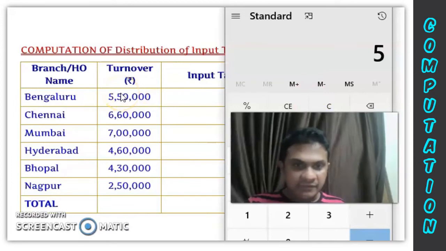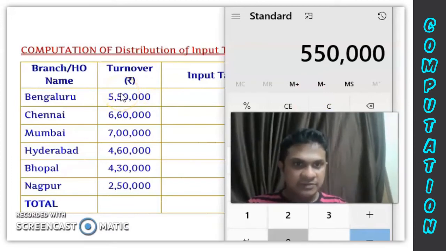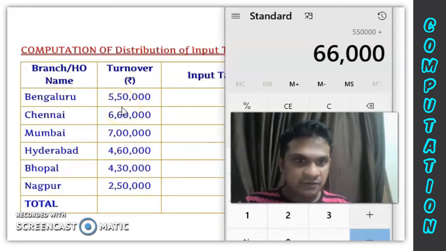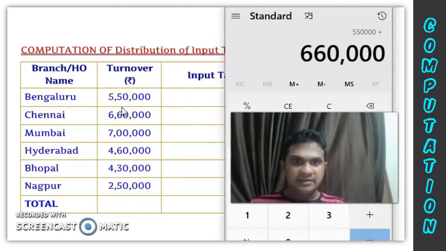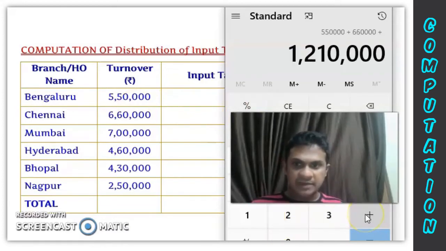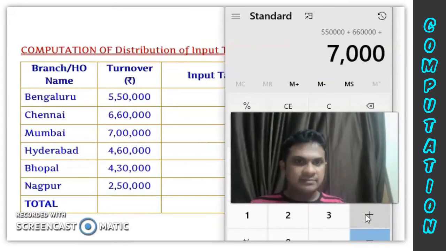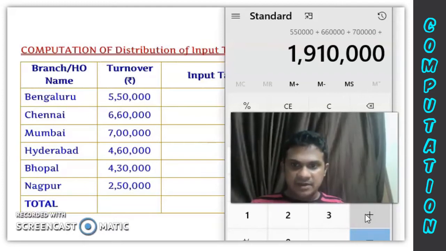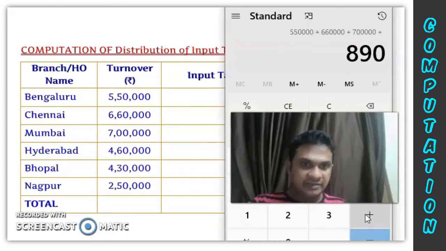Yeah, 5,50,000 first value, plus 6,60,000, that is of Chennai branch, and then Mumbai, it is around 7 lakh, then Hyderabad 4,60,000, 4,30,000, it will be equal to 8,90,000 together, Hyderabad and Bhopal.